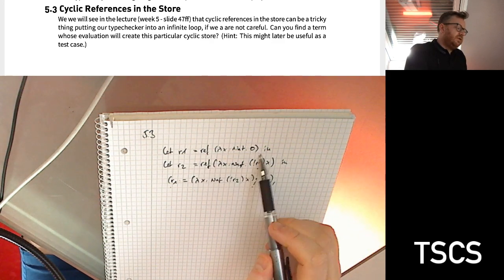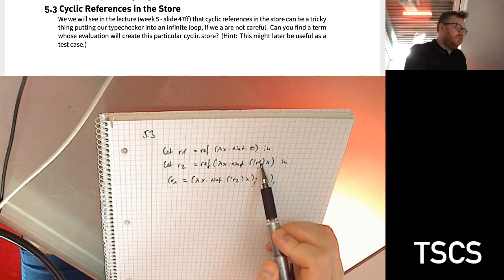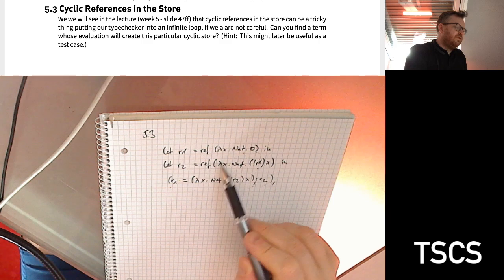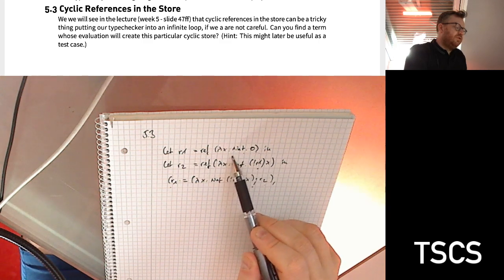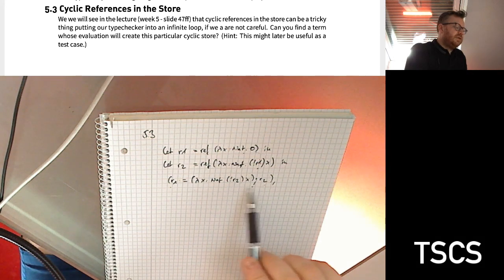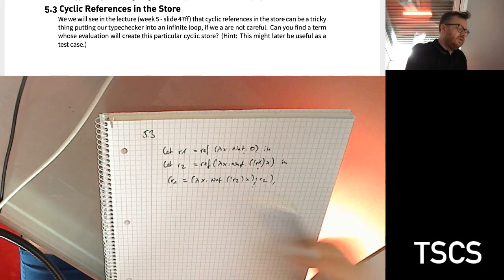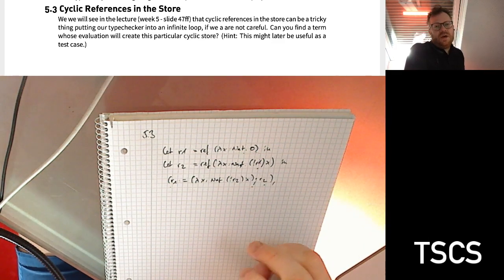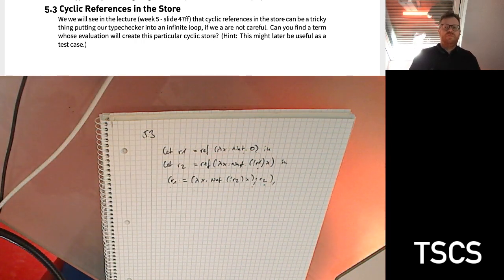So construct first a reference, then a second reference referencing the first thing, and then we need to go back from the first thing to the second thing. So we do an assignment that references the second thing. And since an assignment does not help us, we need to have some return value, and this is our 2 in this case. And this would actually put our type checker into an infinite loop if we don't look carefully at that.